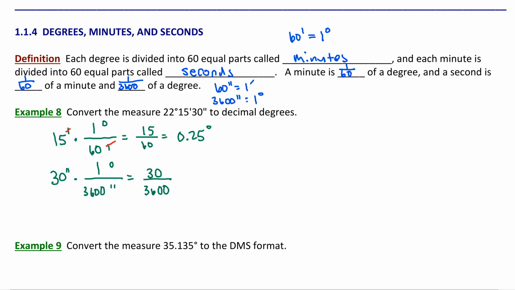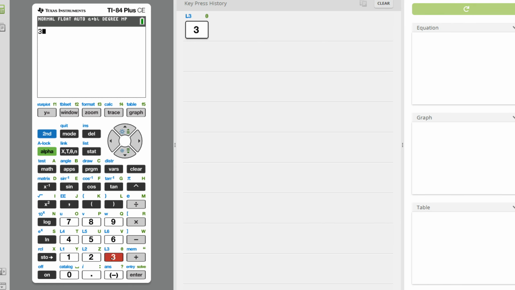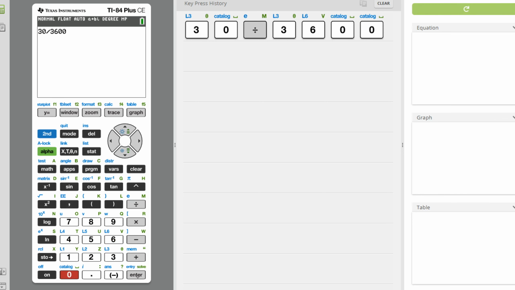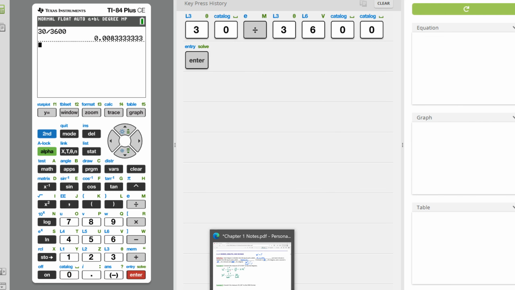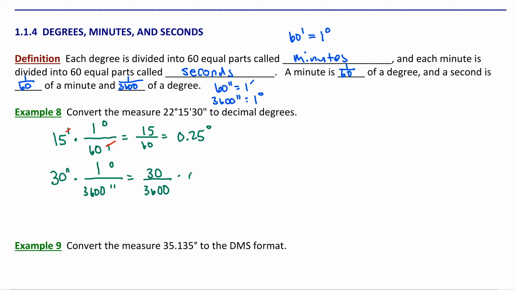Now, I do want to convert this to a decimal, so I'm going to go ahead and use my calculator. 30 divided by 3,600, and I will carry it, let's say, 3 decimal places, so 0.008 will be a good approximation. So this is 0.008 degrees.